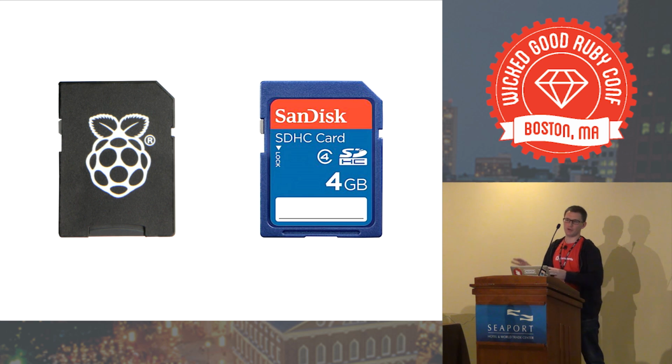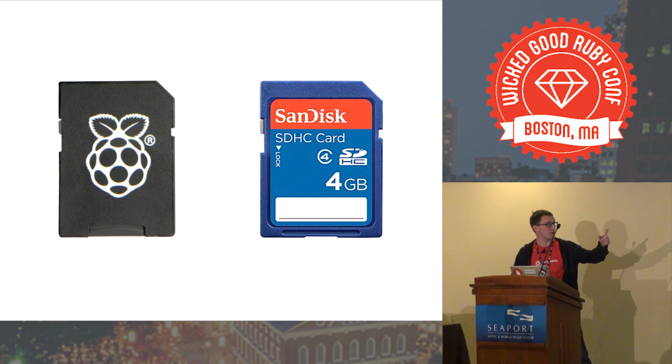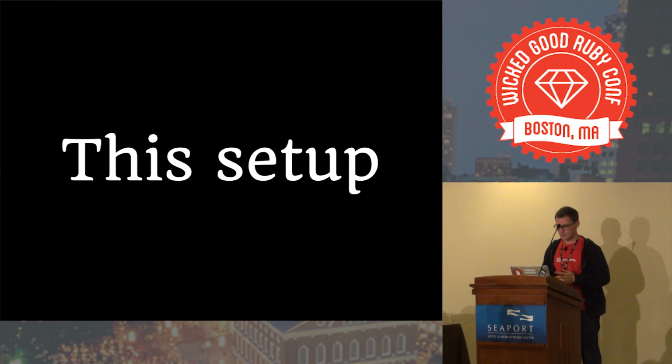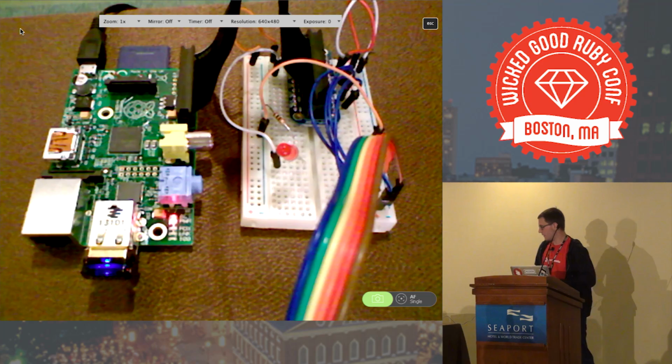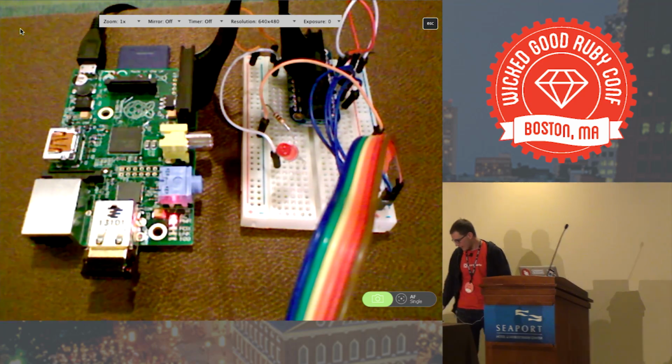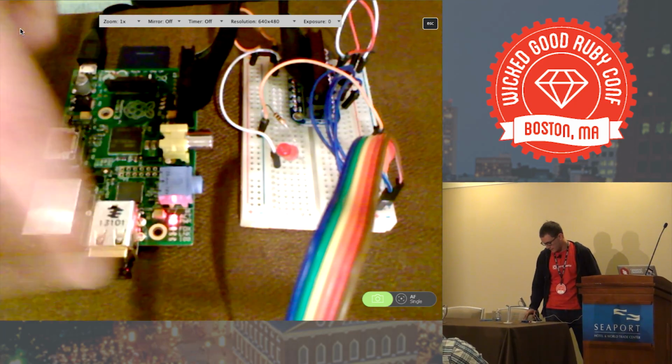You don't need to plug a monitor. You don't need to plug a keyboard into it. The one on the left, a friend of mine showed me earlier this week. You actually have to plug a keyboard and a monitor to it to configure it before you can actually SSH to it.